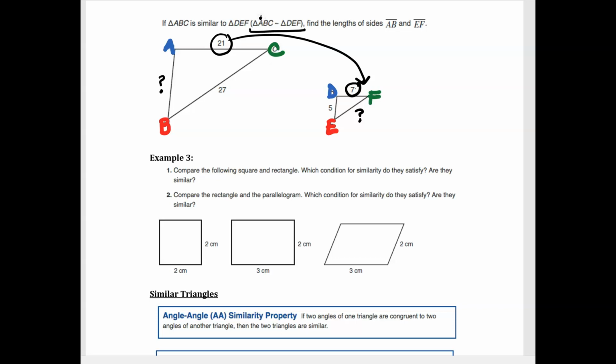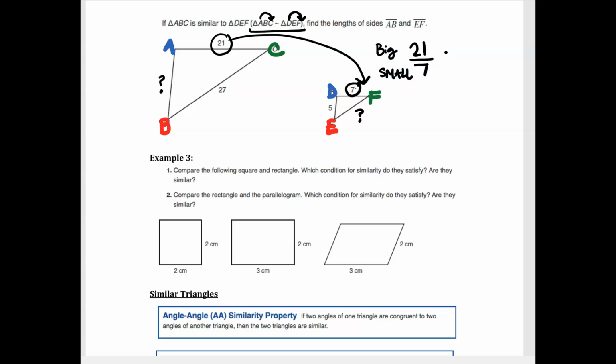So here's A and here's C. That corresponds to D, F, because A is the first letter, C is the third, D is the first letter, F is the third. So you can match up the letters like that. So 21 goes to 7, and what we're going to do is write a fraction. So 21 goes with 7, okay? And I'm going to label this. 21 is the big triangle, 7 is the small triangle.